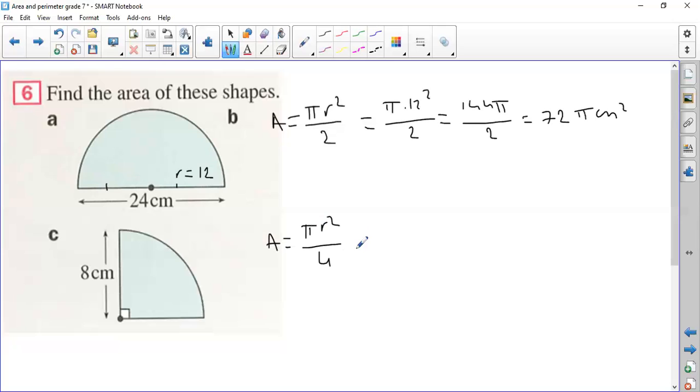The radius is 8. 8 squared is 64 pi over 4, which is 16 pi centimeter squared. 16 pi centimeter squared will be the area of C.